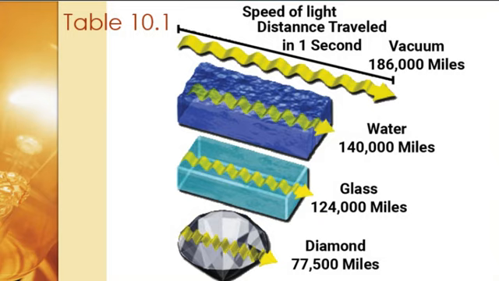So here we go. In a vacuum, 186,000 miles per second. I can slow it all the way down to 140,000 miles per second, still very fast, if I'm shining it through water. Here I'm shining it through glass. It's still 124,000 miles per second. And through diamond, look, it slows all the way down to 77,500 miles per second.